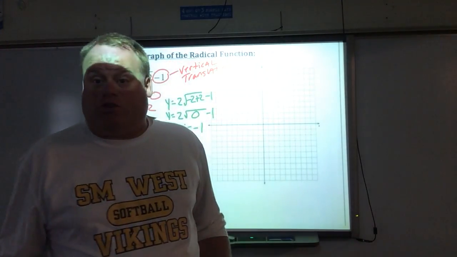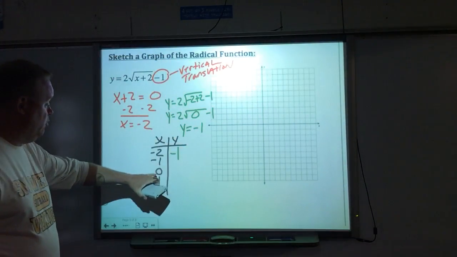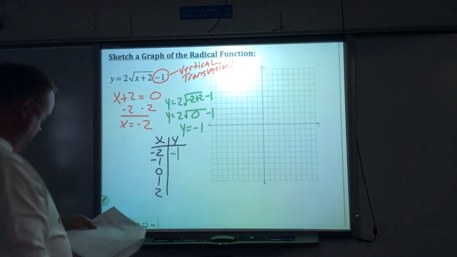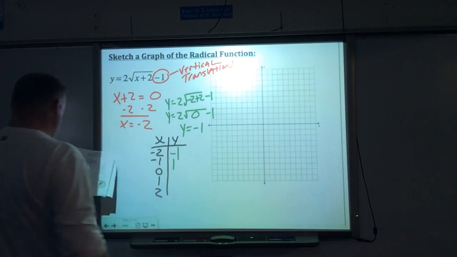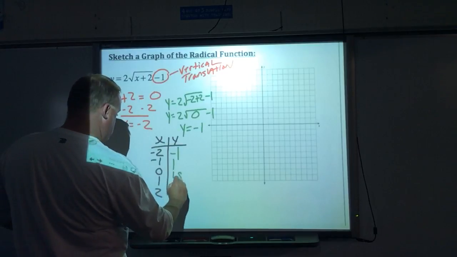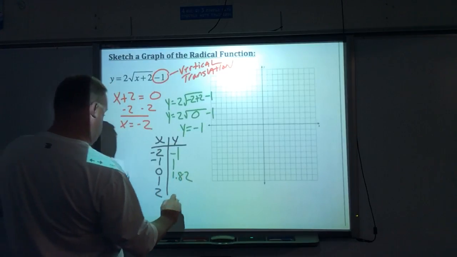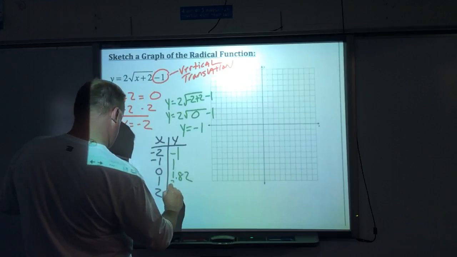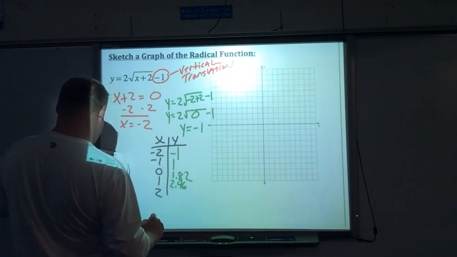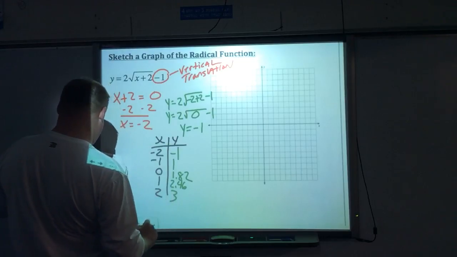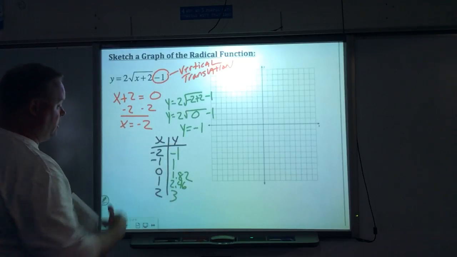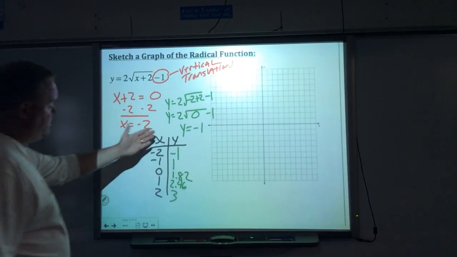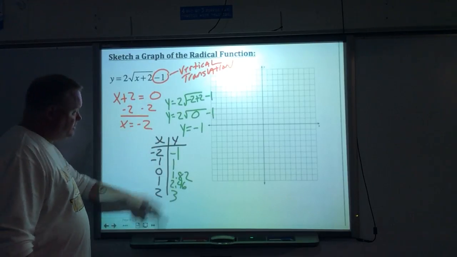Now, we would do that for every value: negative 1, 0, 1, and 2. I have done that already. I'm just going to write them down, and that gets me where I need to be. All that's ready to go.